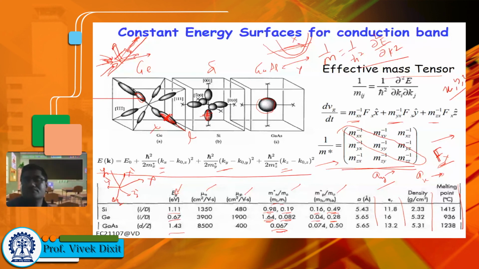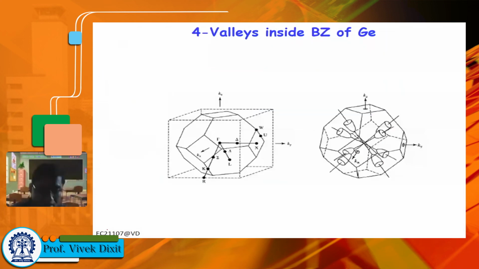Okay. Now let us visualize more how these values look like. So, for example, for germanium, these minima of the bands are along the L, but they are exactly at the L boundary, right? So that means this valley will be shared by neighboring unit cells, right?